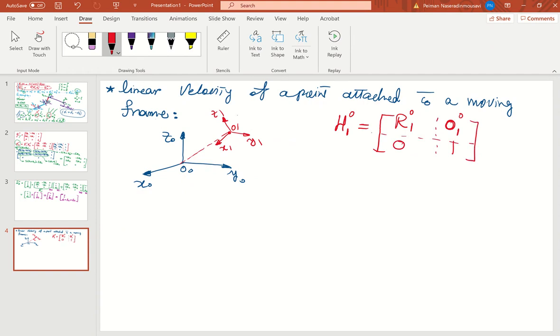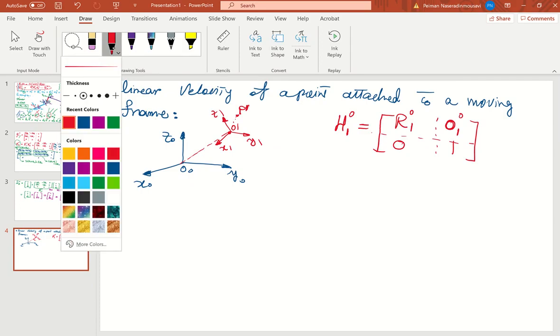Now suppose that we have a point on this rotating frame, meaning that x1, y1, z1 is rotating with respect to x0, y0, z0. We know p1 means the position of this point with respect to the origin O1.